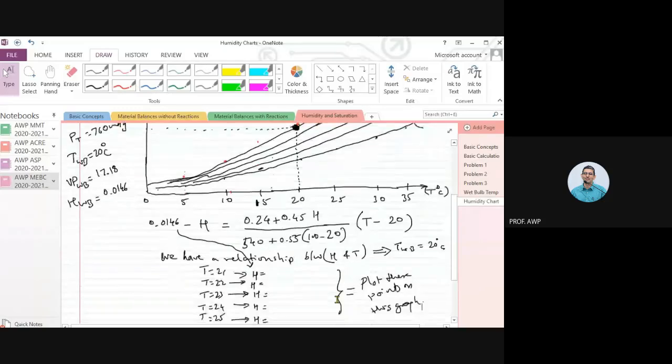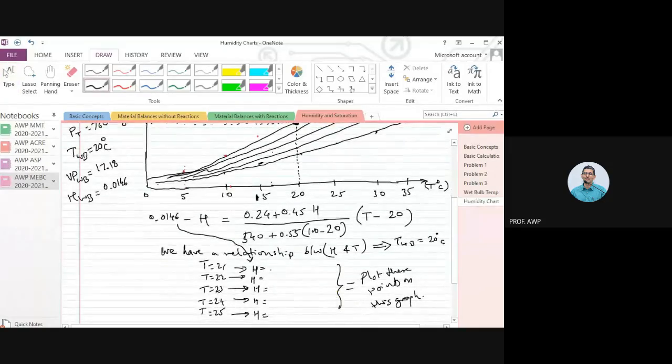Calculate temperature of 21. What is the humidity? Somebody tell me values. Somebody calculate.